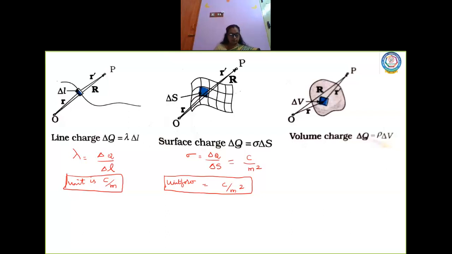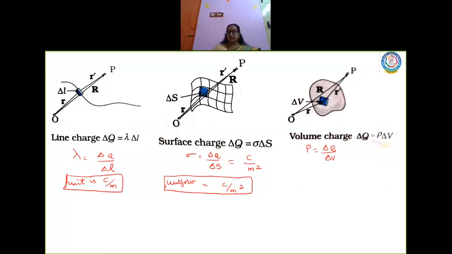Next, we'll move on to volume charge density. Volume charge density is represented as rho, which is given by del Q by del V. Again, you take a surface here and divide this into a small volume element. Here it is area element, here it is line charge element, and here you consider a small volume element.